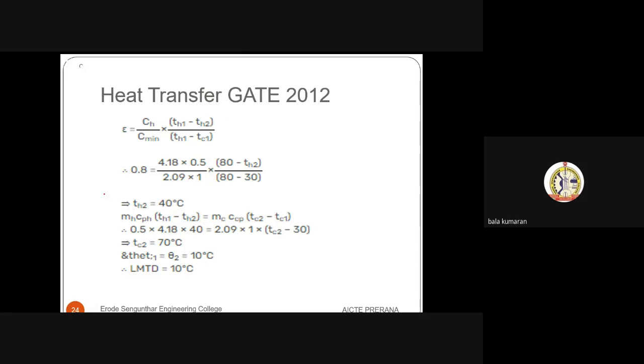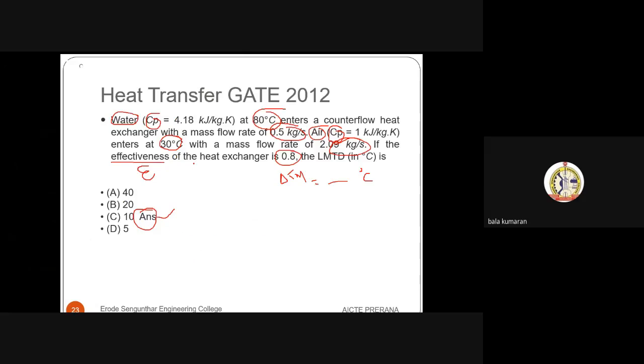They have told us to find the LMTD value. For that, they have given the effectiveness value. By applying this effectiveness value, we have these three values, right? And Cp by C, Ch by C minimum, where H is the hot fluid, so mass into Cp: 0.5 into 4.18, and 1 into 2.09.